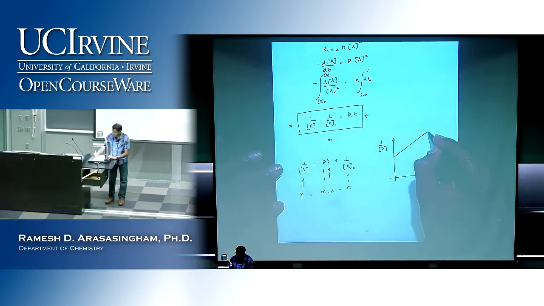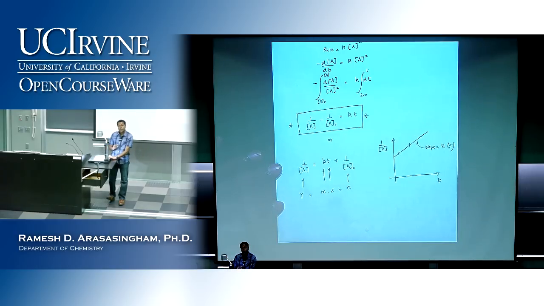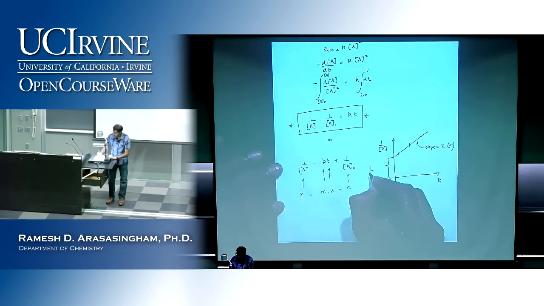All right? So if I were to plot this, I would end up with a slope, and the slope will give me the rate constant, and everybody can see that this has a positive slope, and the intercept will be 1 over the initial concentration.